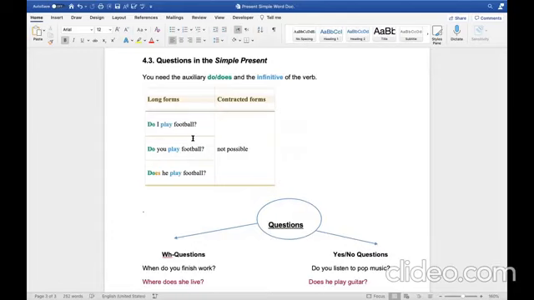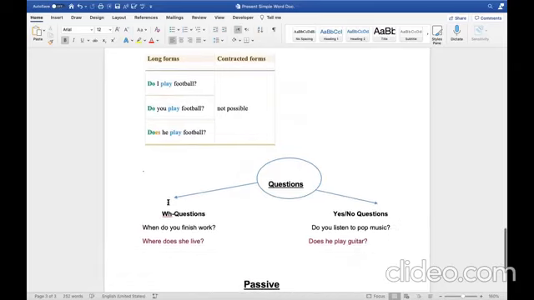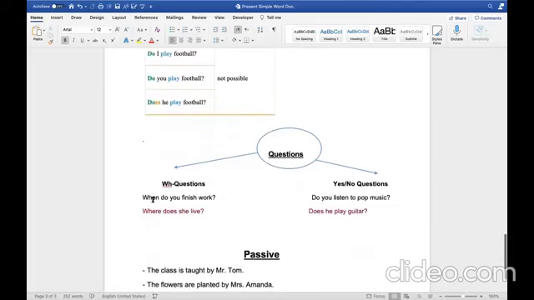In all tenses في كل الأزمنة هيبقى عندنا two types of questions. We have WH question and we have yes and no question. WH question بيجي بعده the auxiliary verb or helping verb do, and then the subject, and then the verb in infinitive, like when do you finish work? Yes and no question start with do or does, like do you listen to pop music?